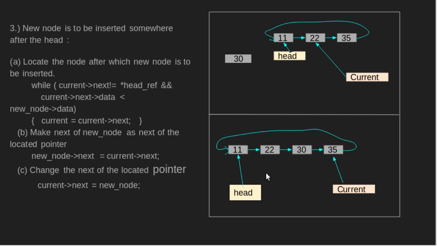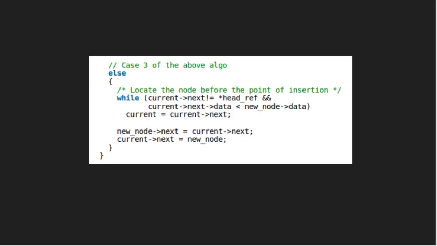Now this is the code. Else while current dot next not equal to head reference and current.next.data is less than new node.data, current equal current.next. New node.next equal current.next and current.next equal new node.